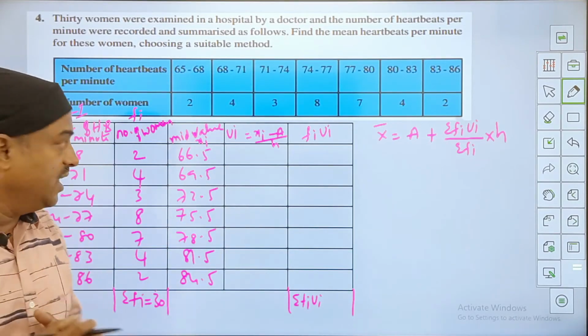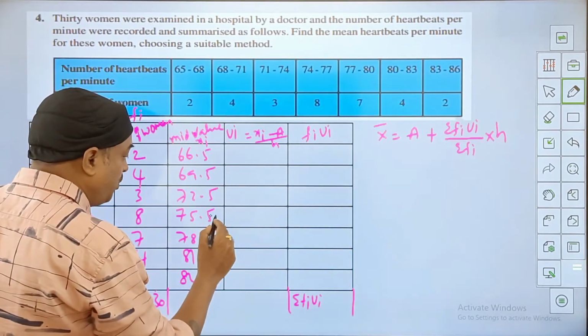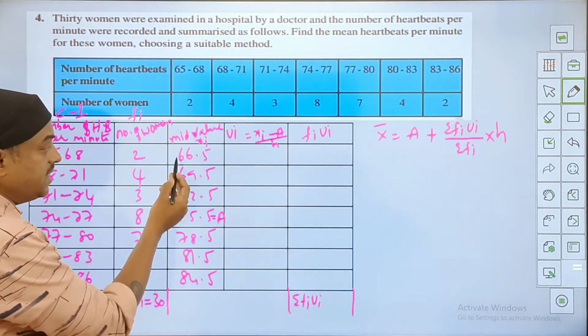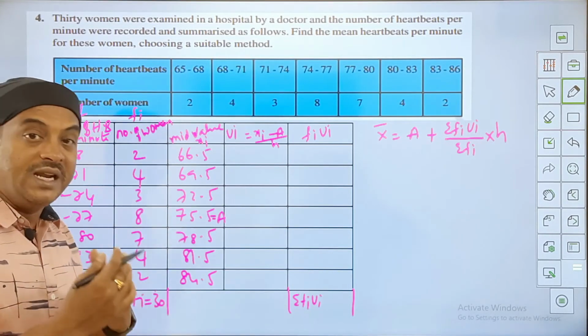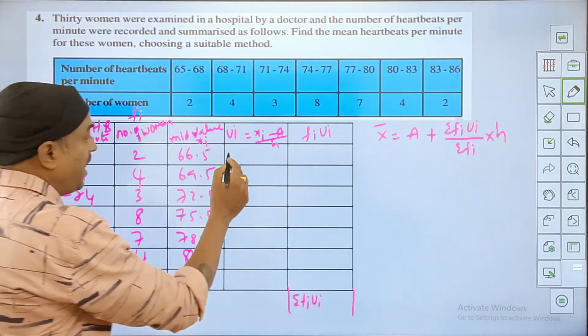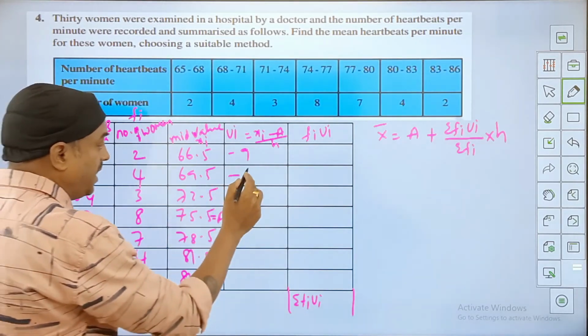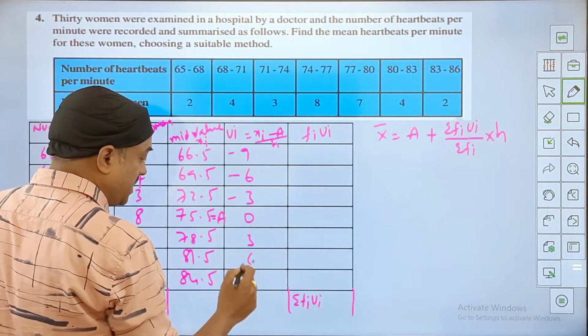I should find the deviation. When I try to find the deviation, let us say my assumed mean is a here, for example. Now please observe, 66.5 minus 75.5 is minus 9. And again, if I have a minus 9 over here, multiplying them, the next one will be minus 6, minus 3, 0, 3, 6 and 9.